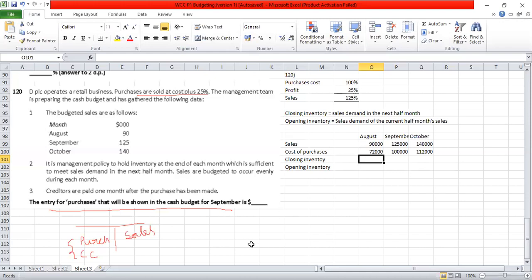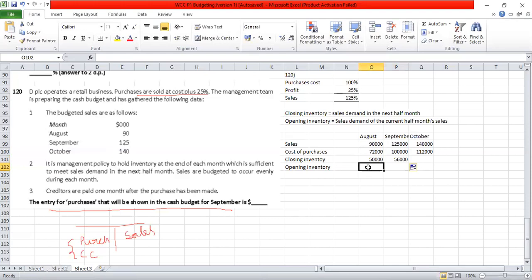So how do we calculate closing inventory? It is next month's half sales. We do not have November, so we cannot find that out.